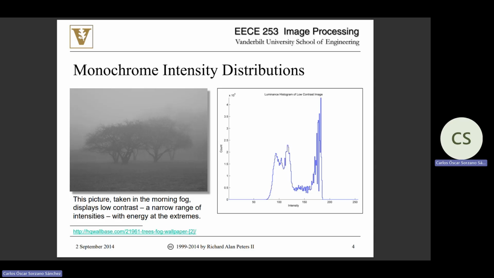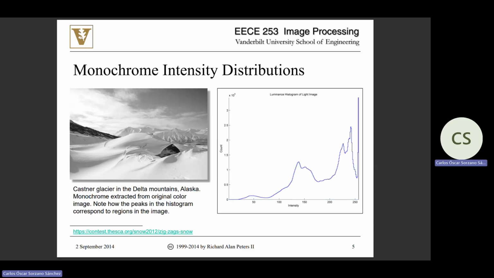Okay, so then let's look at this one. So now we are using most of the dynamic range. The whole intensity axis is called the dynamic range. So we are using most of it. There is a region that we are not using, so very, very dark pixels we are not using. But then there is something new, that is this spike here.